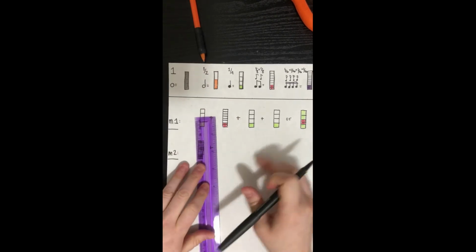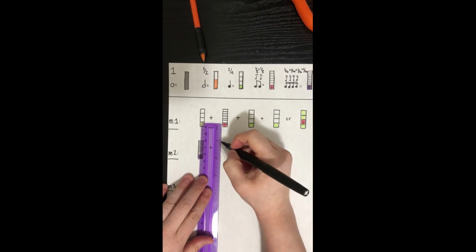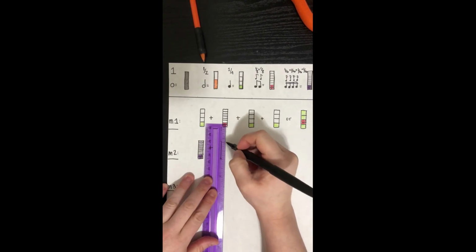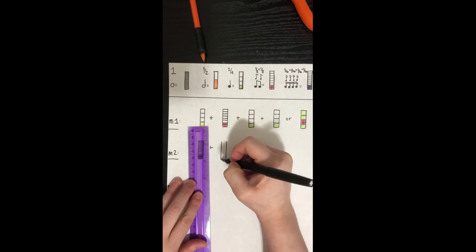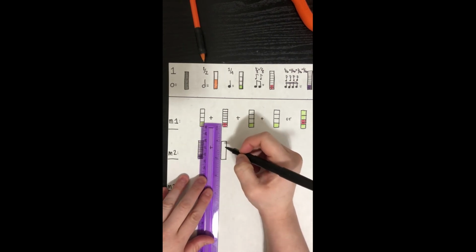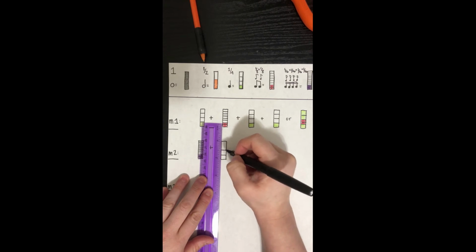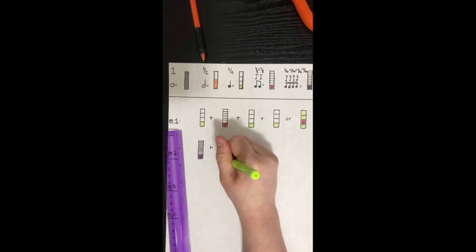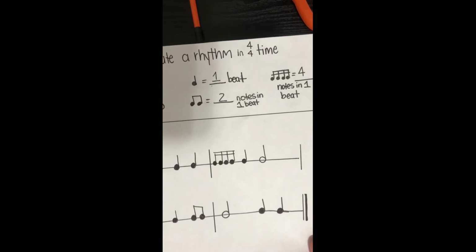So here we go again. 1 inch, 1 inch. And now I'm gonna divide it into 4 pieces for a quarter note. And I need one of those 4 to make a quarter note. And then the last part of that measure was a half note in measure 2.